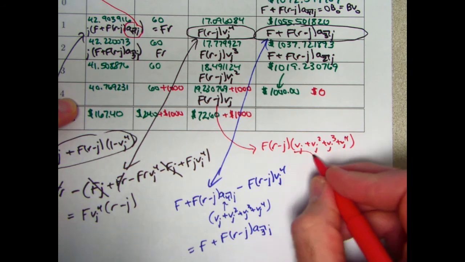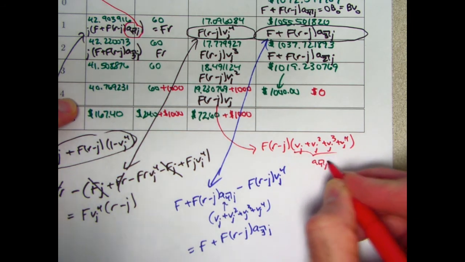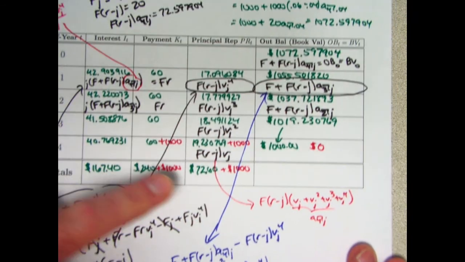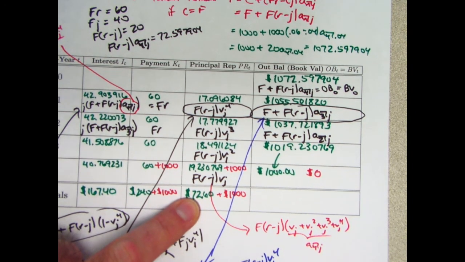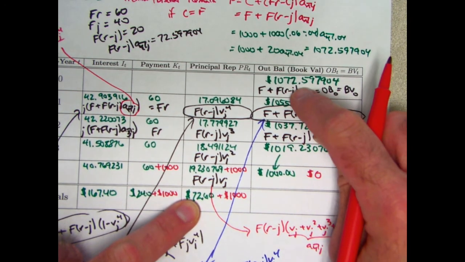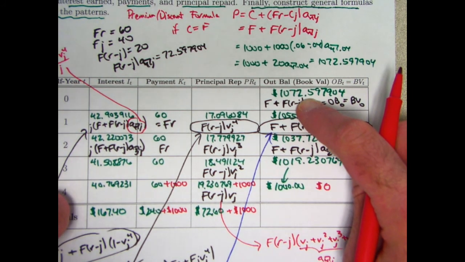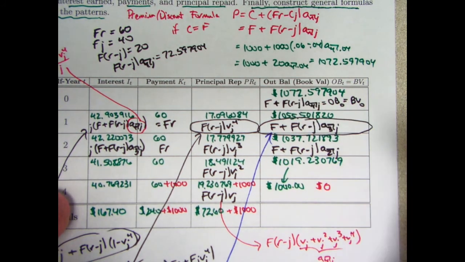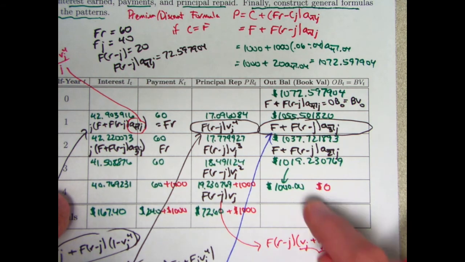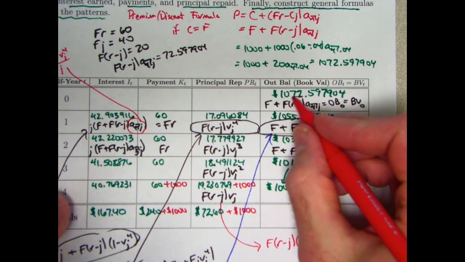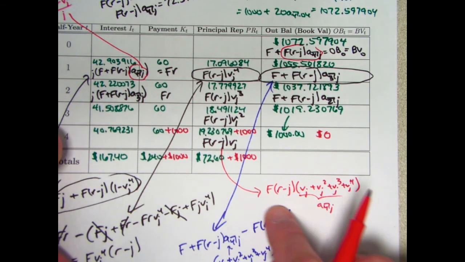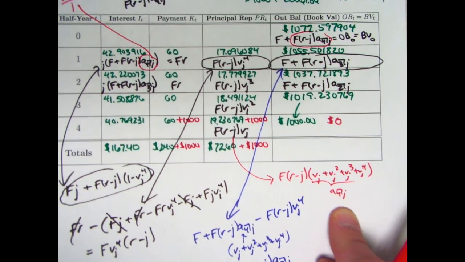And that is the same as a4j. The sum of those is 72.60 when you round it to the nearest cent, which is the same as the premium of 1,000 for the original price, $72.60. That makes sense, okay? And you can see the formula for the premium. This part of it right there is the same as what we have down here.